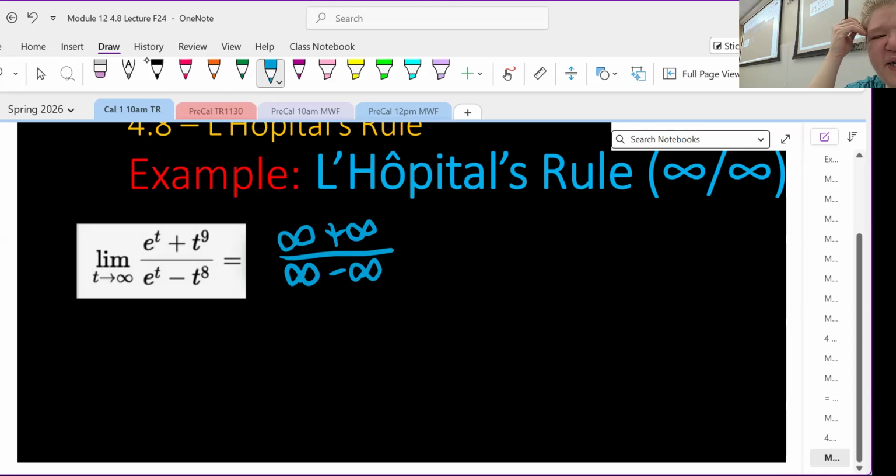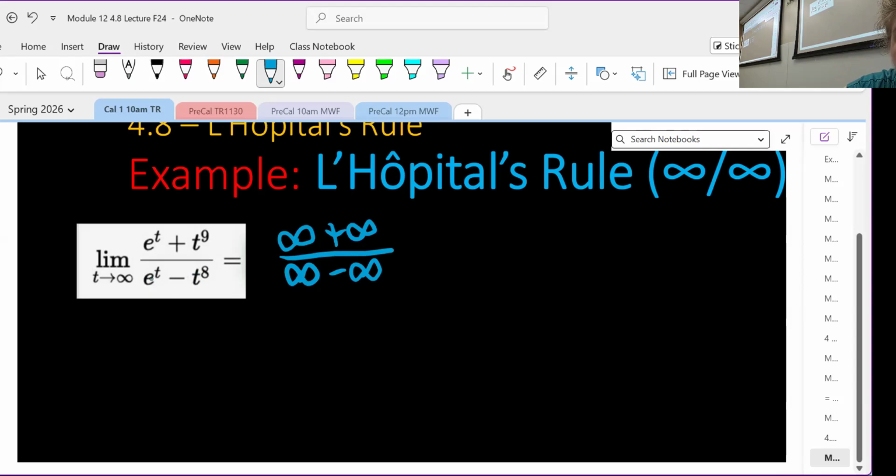All right, so infinity minus infinity is a weird thing to have because we don't know which infinity is bigger or whether they're the same size. So there's a quandary of, is that still infinity or negative infinity, or could it be 0? Now, looking at the equation, e to the t versus t to the 8th, they're not growing at the same rate.